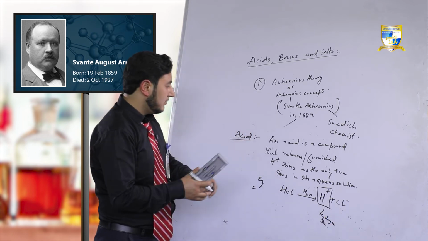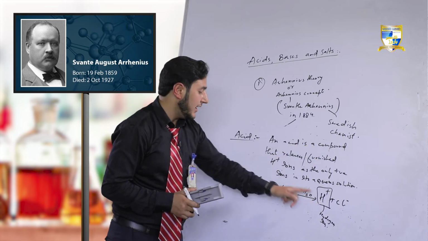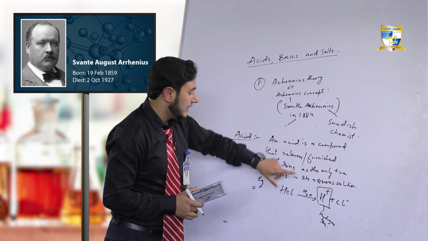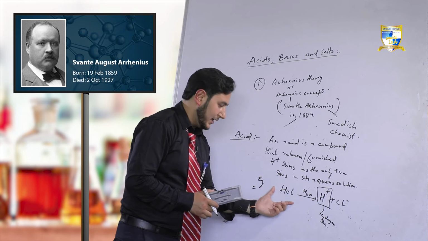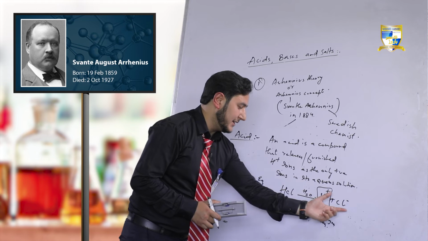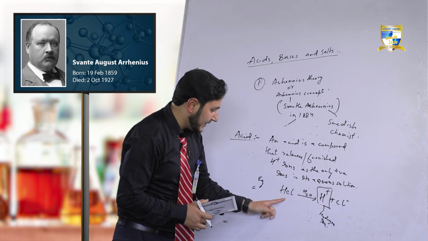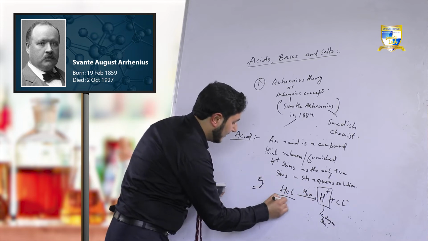So an acid is a compound that furnishes H positive ions when that particular compound is dissolved in aqueous solution. What did I do? I took HCl, I dissolved it in water, and what I got is H positive and Cl negative. I got the hydrogen ion. So HCl basically furnished H positive ion, so HCl is my acid.